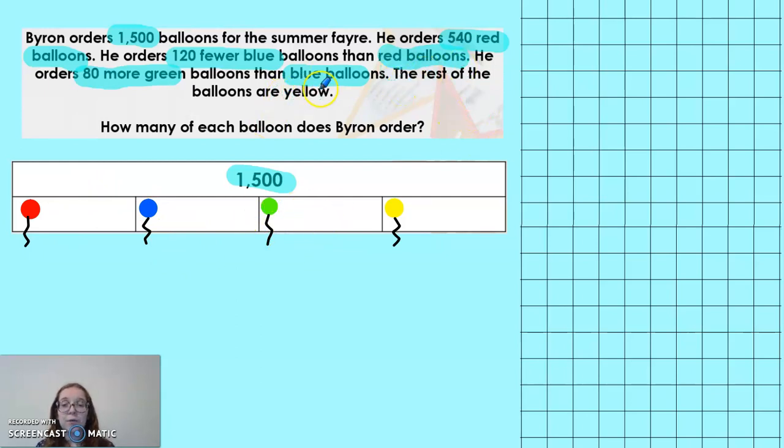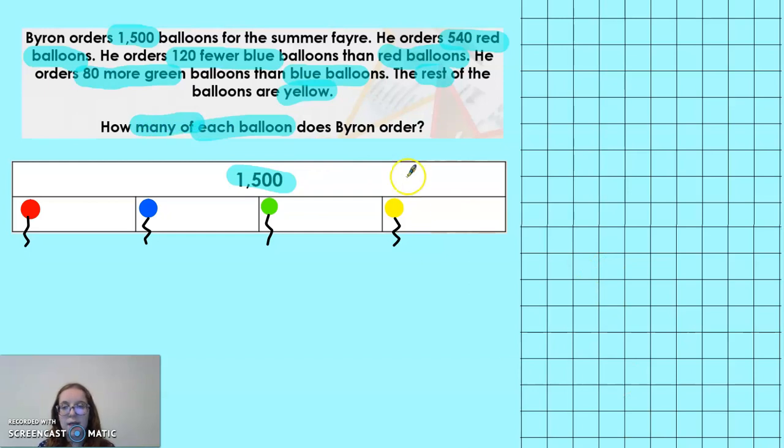And the rest of the balloons are yellow. So if I work out all the other ones, I should be able to work out how many yellow balloons I have. How many of each balloon does Byron order? I'm going to need that many in there.